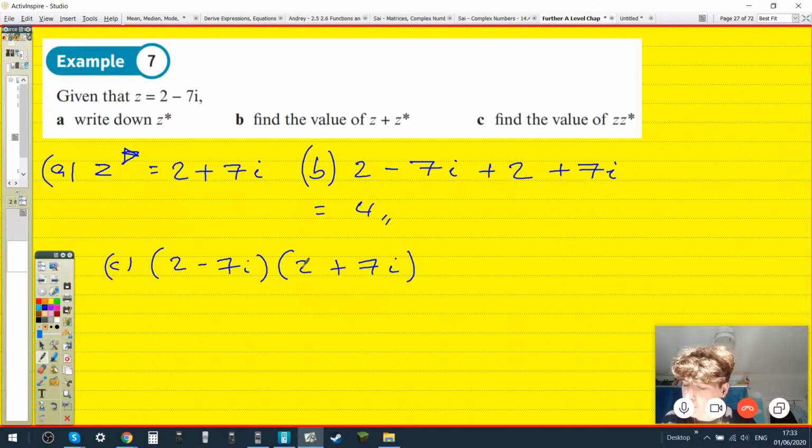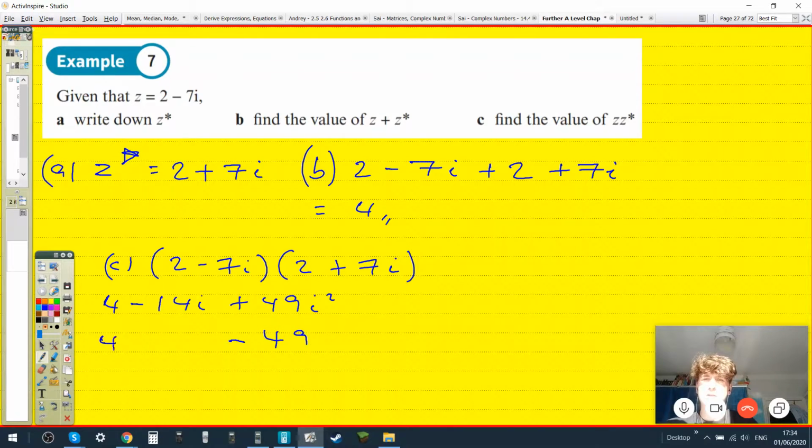So 2 times 2 is 4, then plus 14i, then minus 14i. Minus times minus, yeah. So 49i squared, which just becomes minus 1. It's minus 49 times minus 1.